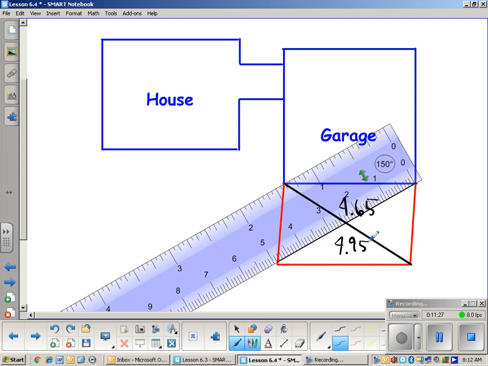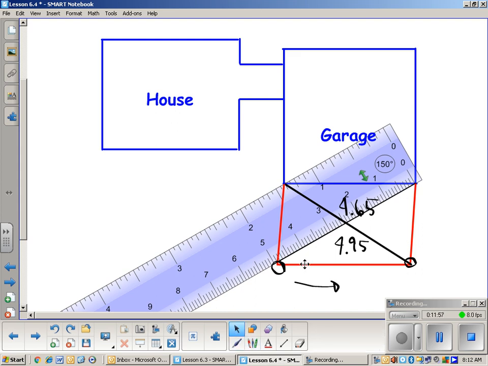Okay? So I'm looking at this, and I've got my stakes here and here, and I've got my strings so that I can pull them left and right, move them each way. And I see that this line is longer than this other line. So that means in order to square this up, I'm going to have to move my stakes this way. Okay?